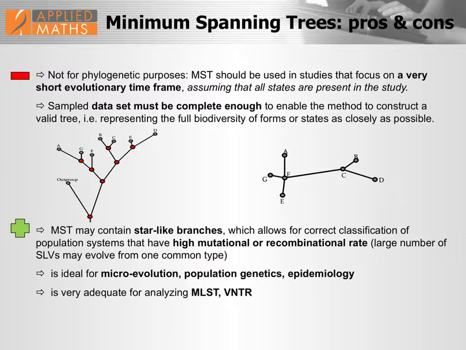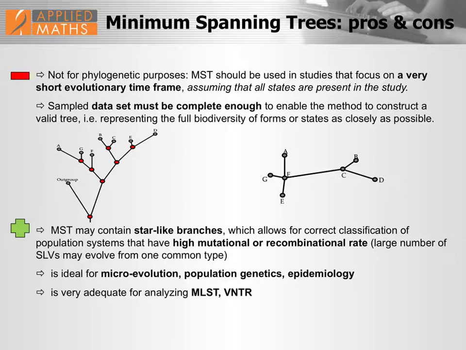Minimum spanning trees can contain some star-like branches, and that allows for correct classification of population systems that have high mutational or recombinational rates. So minimum spanning trees are really good for microevolution, not for macroevolution.